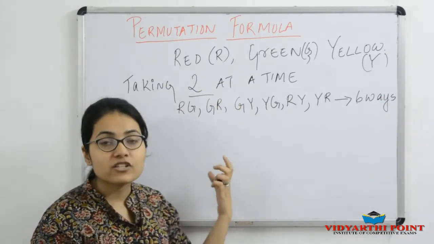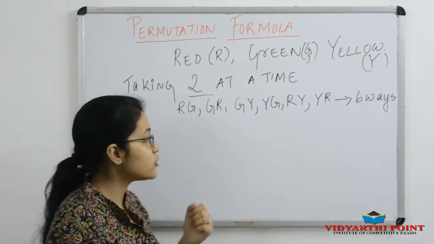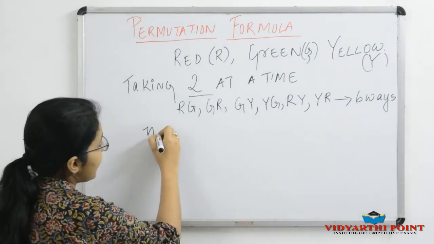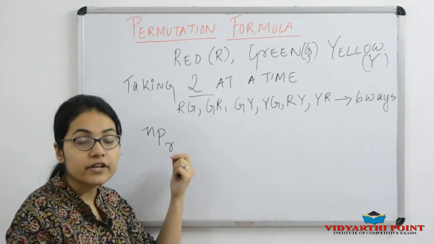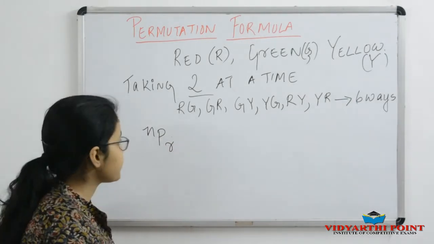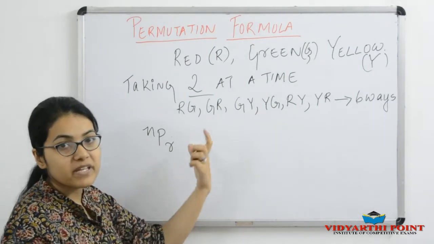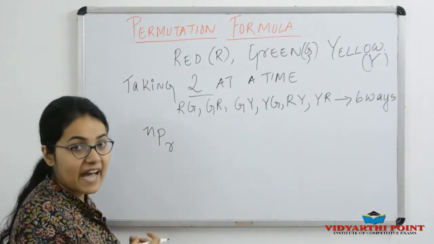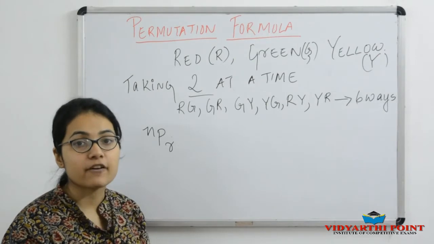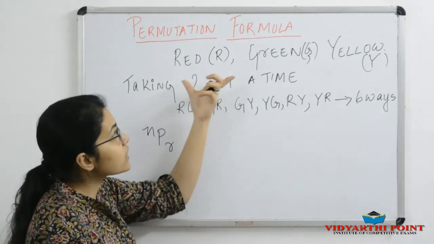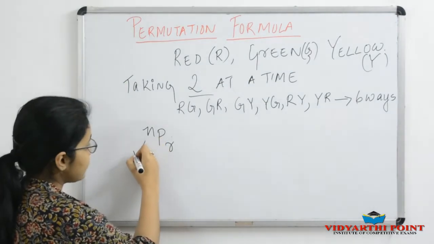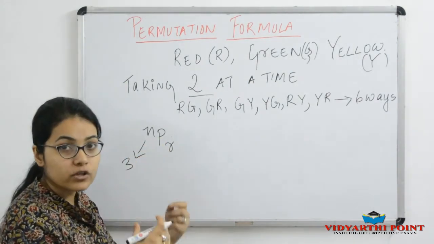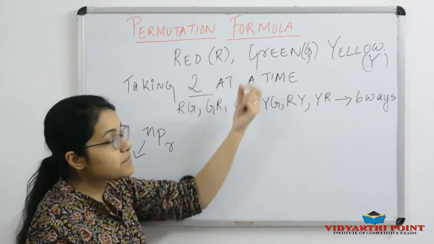Now let us look at the formula of permutation, which is NPR. Now here what is N and what is R? Here N is the total number of items available. Here the total number of items is the three balls, so N is 3.